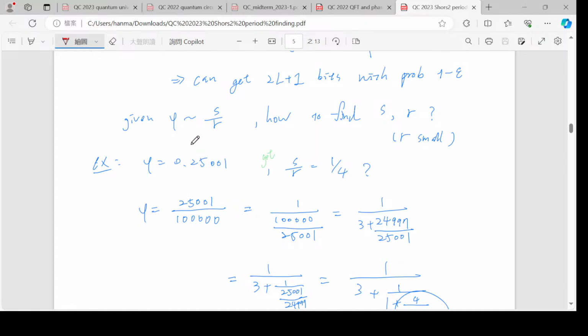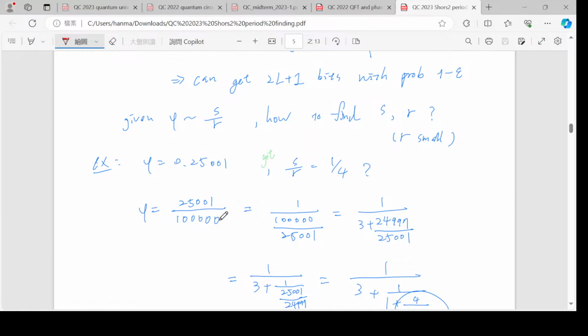Let's say psi equals this, and you see it is very close to 0.25, and you think maybe it's 1/4. When you eyeball it, you can say this is 1/4. But how do you tell a computer that this is 1/4? That's where you use the continued fraction algorithm.